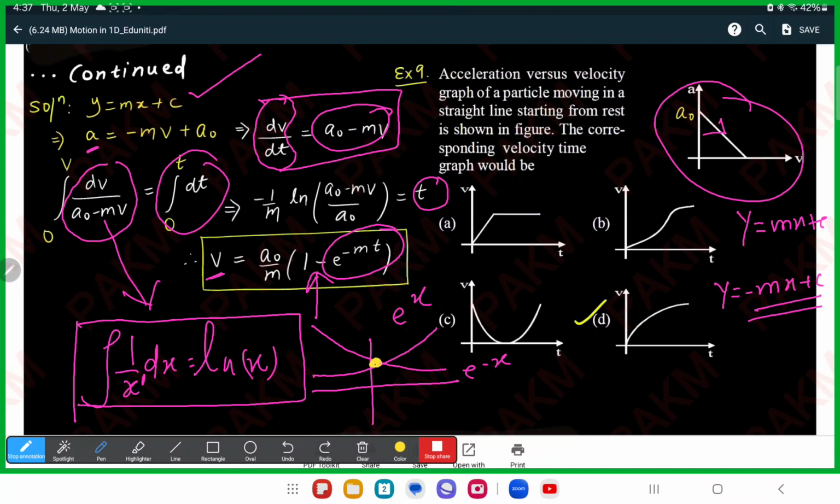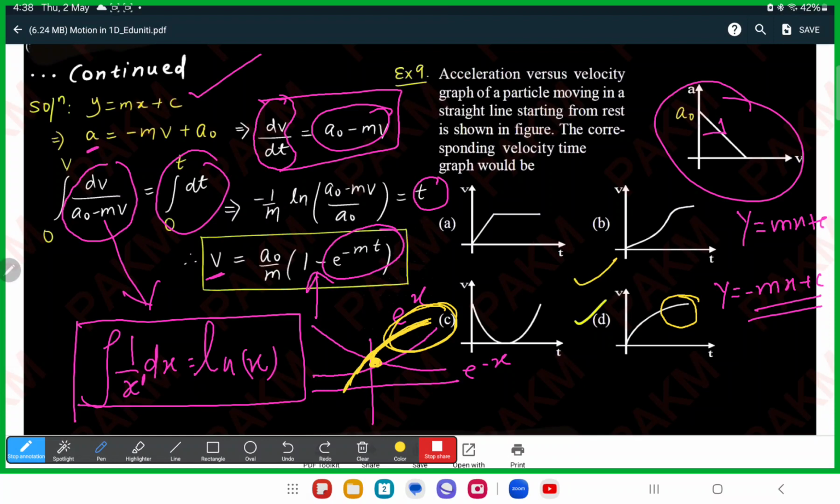So if we flip this graph, it becomes a mirror image like this. Since there is 1 minus, this is the nature of the graph. So among all, the most suitable graph is option D.